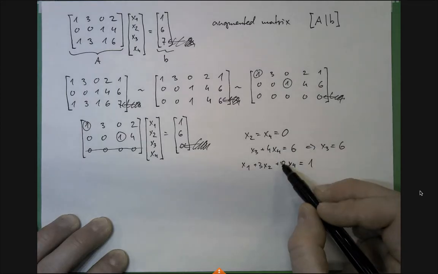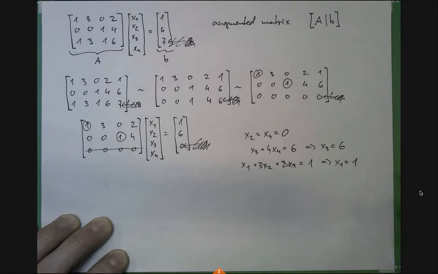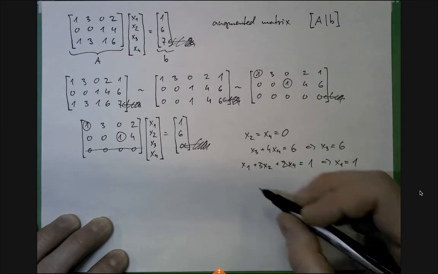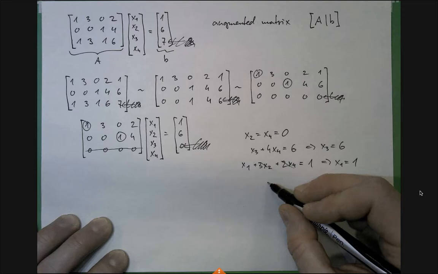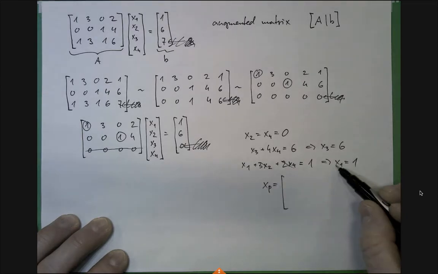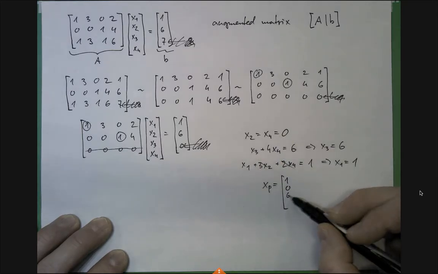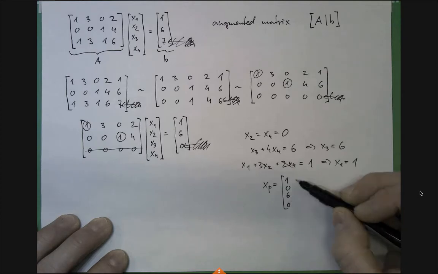But x4 and x2 are 0, so they're out of it. So x1 is just 1. So here I have my particular solution, xp, to make it compatible with the previous slide. So x1 was 1, x2 0, x3 6, x4 0. Okay.